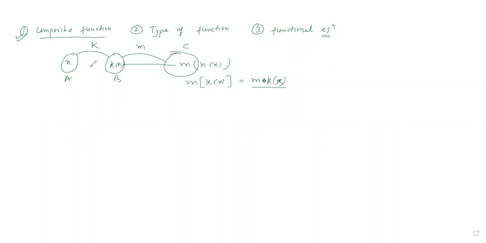This is called the composition of function K and function M.